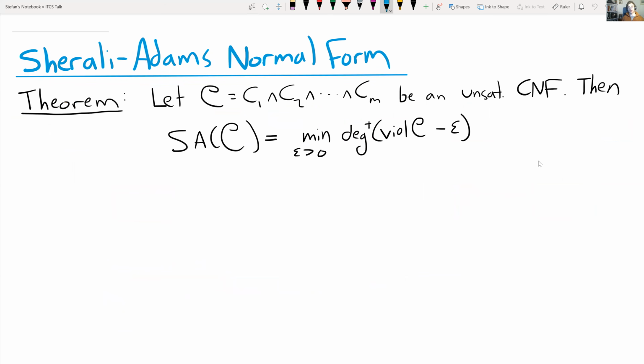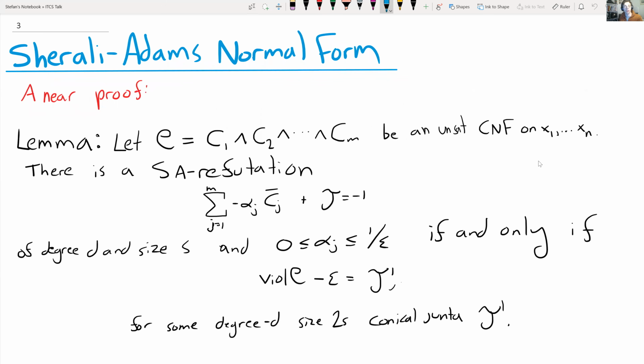Okay, so let's actually dive into one of our results, namely the classification theorem. So we want to show that Sherali-Adams degree is equivalent to this minimization. So let's first look at a near proof of this result in this lemma here.